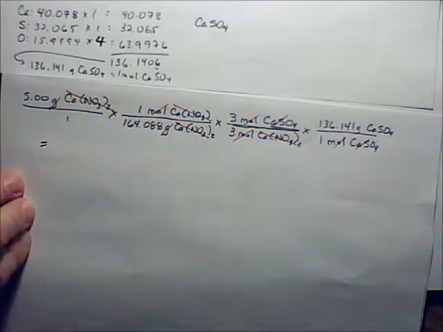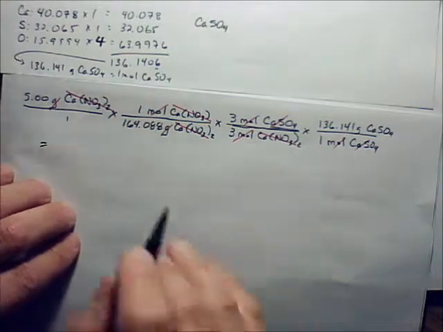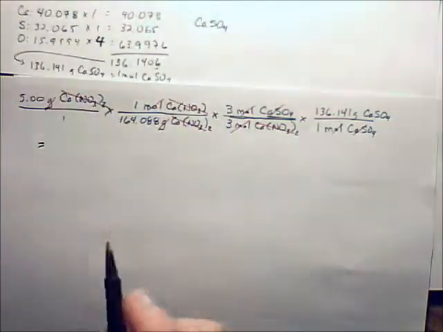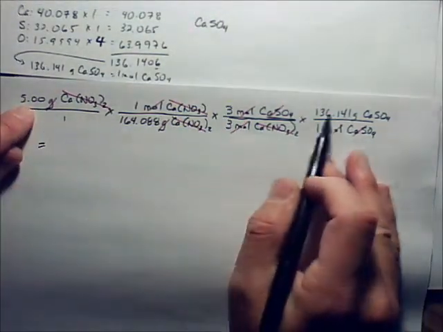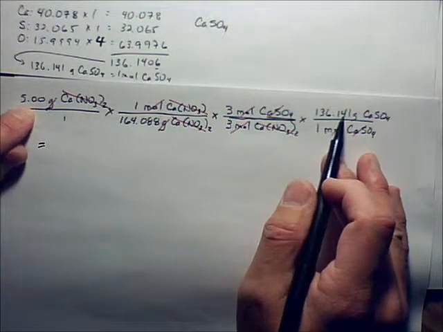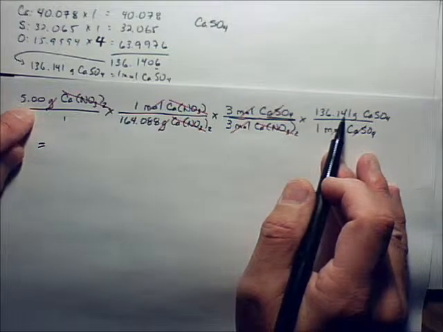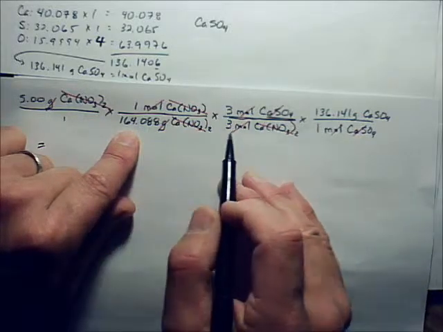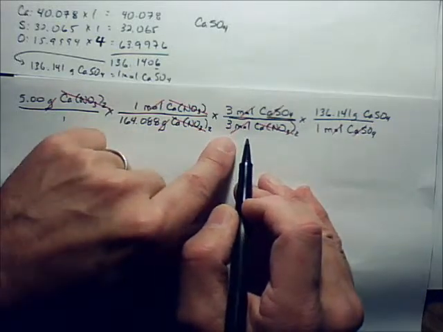When we do the math, just a reminder of how to put this in your trusty calculator: multiply everything across the top and hit equals. Then hit the divide button, put in this number and hit equals. Hit divide again, put this number in and hit equals.